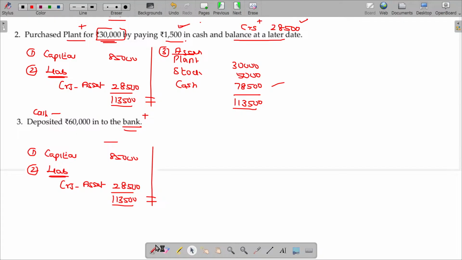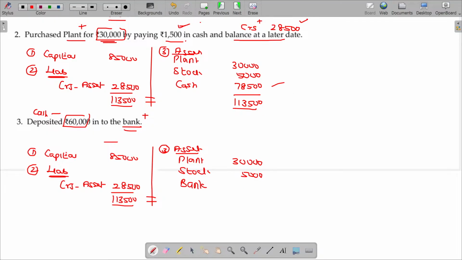Asset side. In case of the asset side, we have plant as it is, this value being 30,000. Stock, I have not touched at all, remains 5,000. Now cash. Cash is deposited into the bank, so it changes.